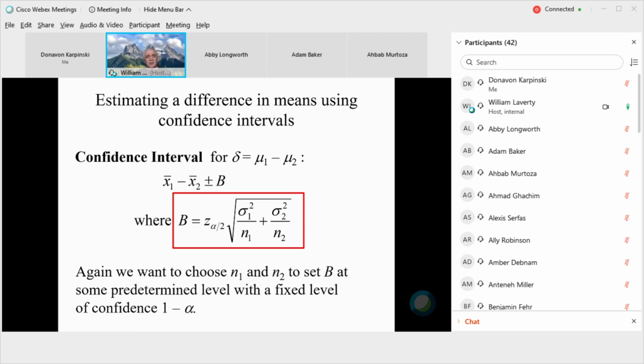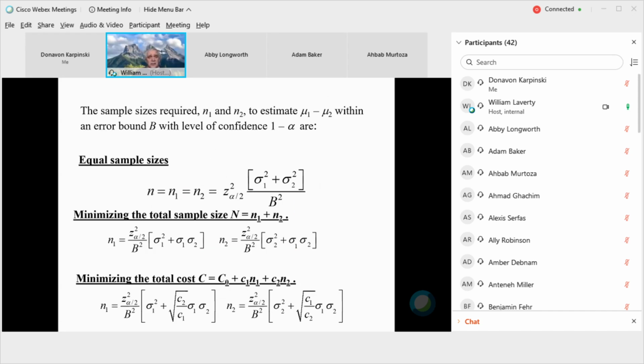It also depends on the variability of the two populations. Again, we can choose N1 and N2 subject to certain conditions. This is the formula that will give you your N1 and N2 that will estimate with an error bound of B, level of confidence 1 minus alpha. This is if you require equal sample sizes.